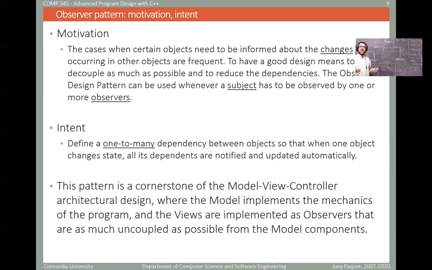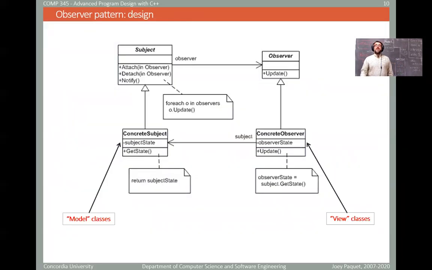In the terminology used by the observer pattern, the model is the subject and the view is an observer. These are basically exactly the same concept, except that they use two different terms. MVC uses model and view, and observer uses subject and observer.